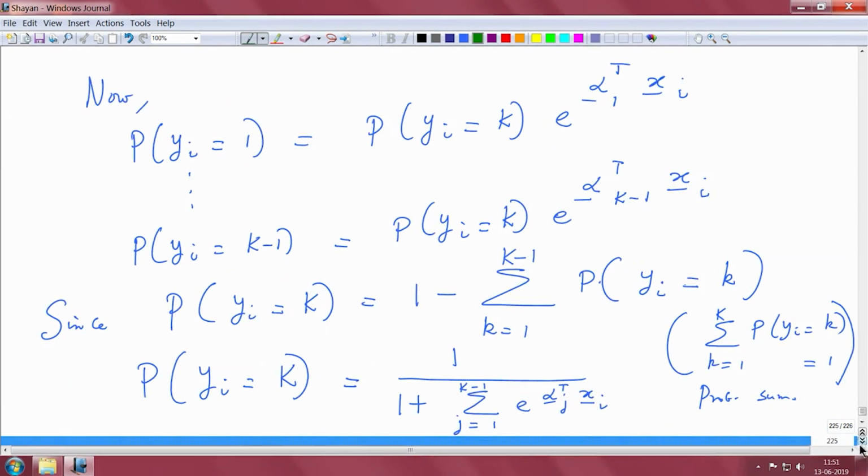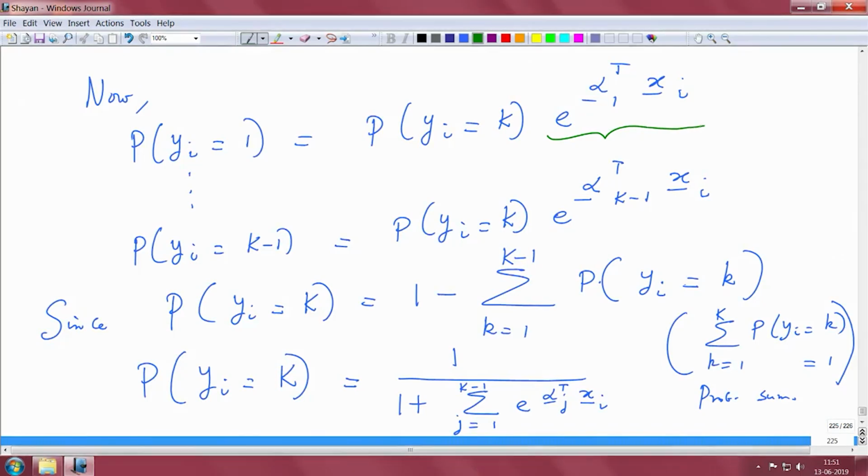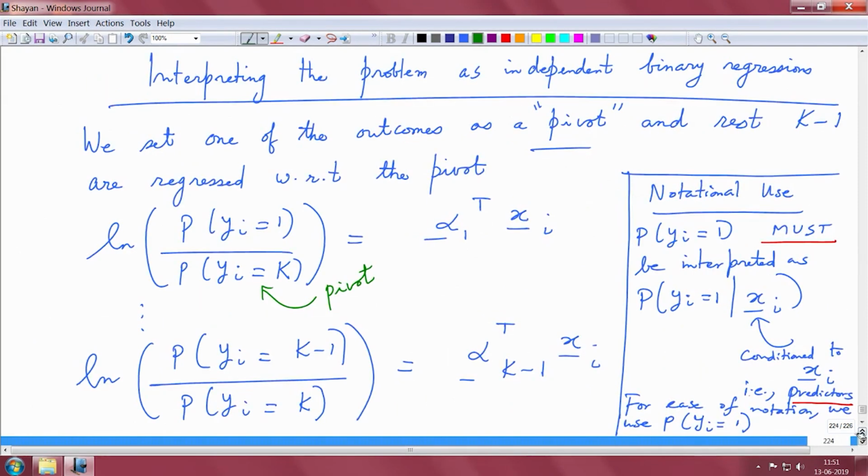Now let us simplify this slightly further. The probability that the outcome is 1 is equal to the probability of the outcome k scaled by this exponential term. This is straightforward, you just take the exponentiation on both sides of this equation and simplify it. You take the exponential here, p of yi equal to 1 is basically p of yi equal to k times exponential of alpha 1 transpose xi.